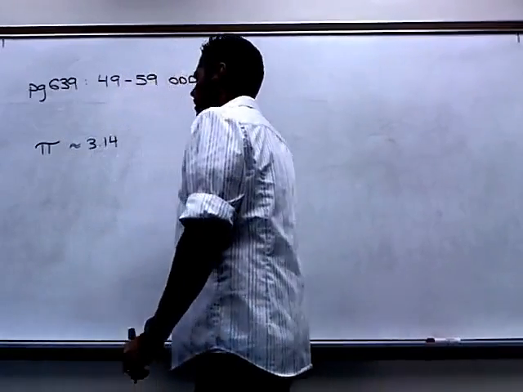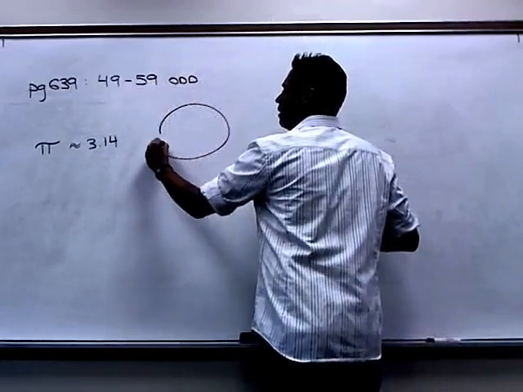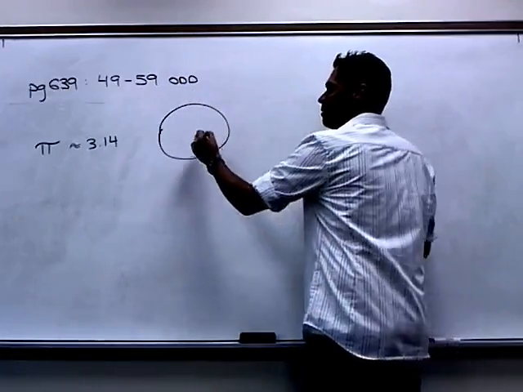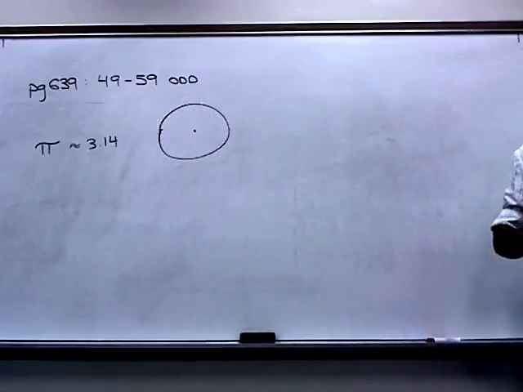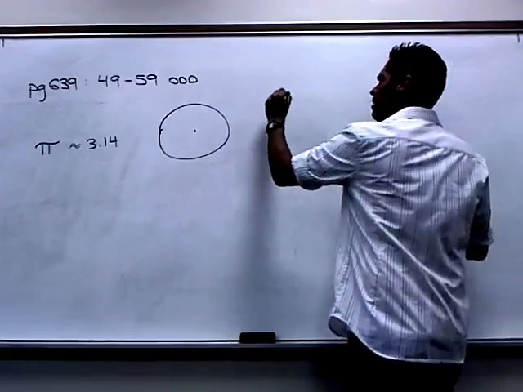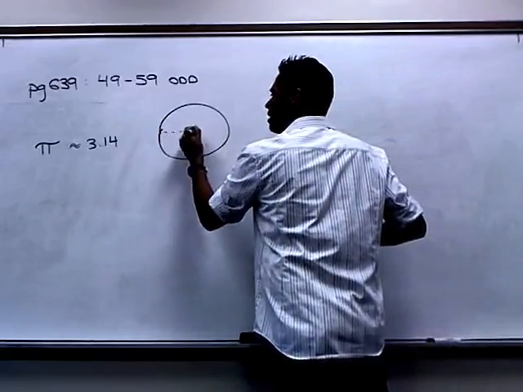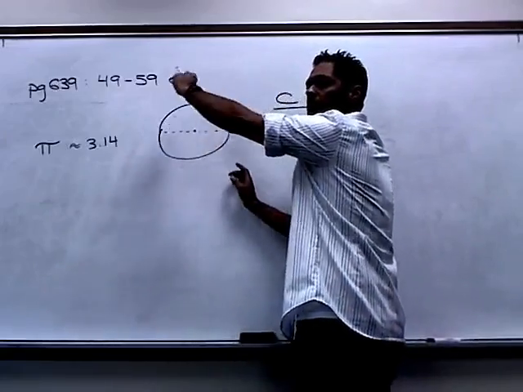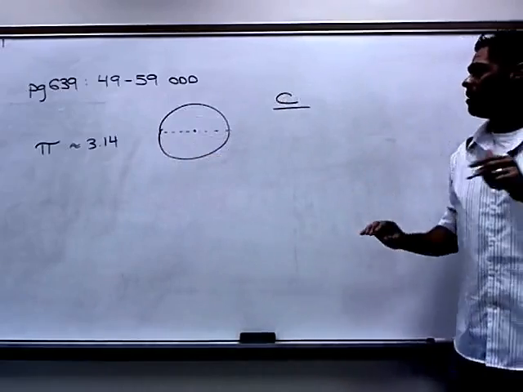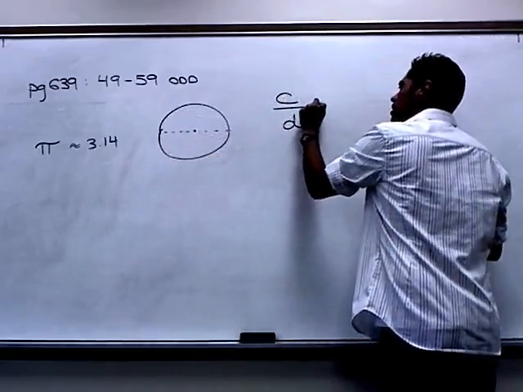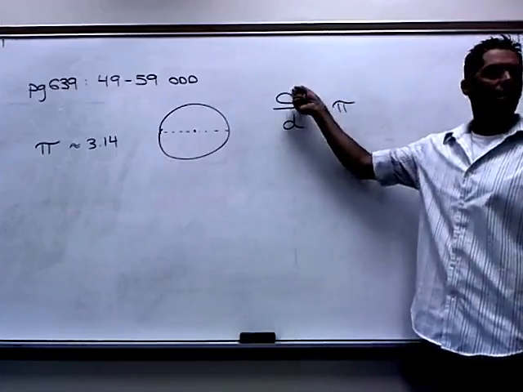The definition of pi is if you take any circle and take the distance around it, the circumference, and divide the circumference by the diameter, the line that goes straight across through the center, your answer will be pi. So pi is the ratio of the circumference to the diameter.